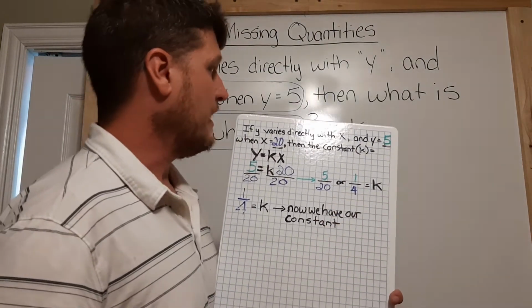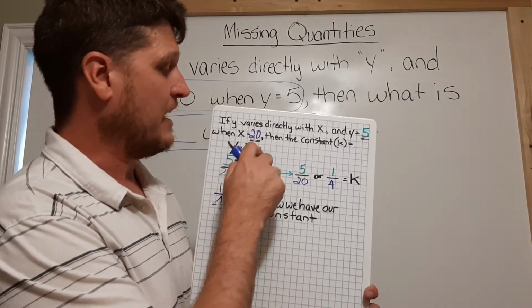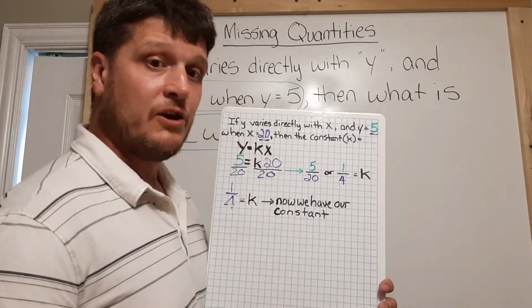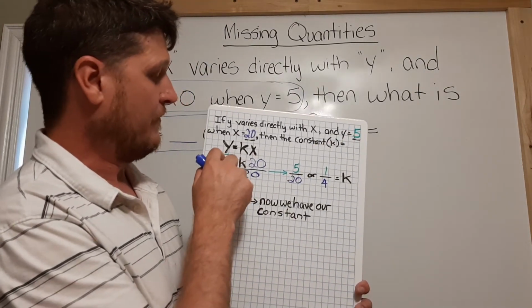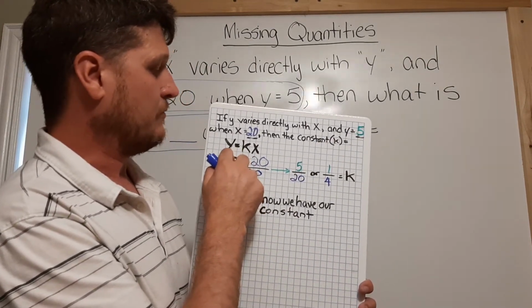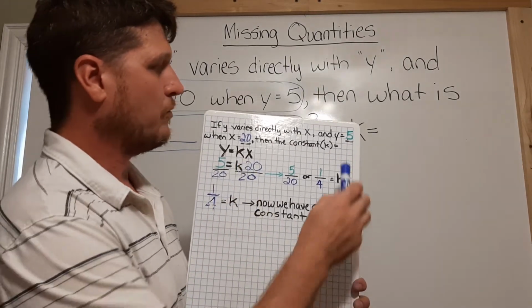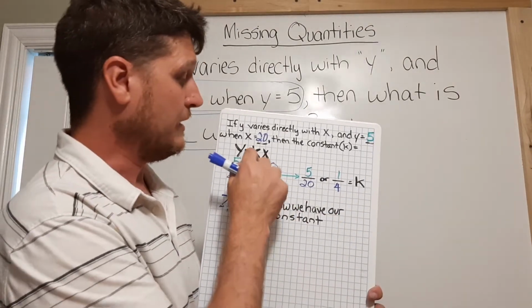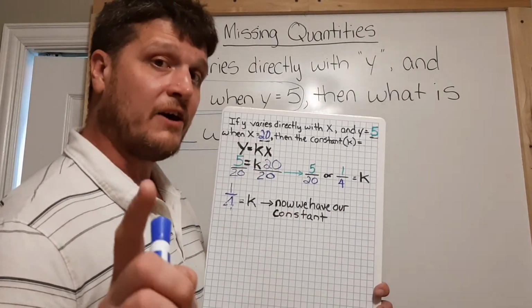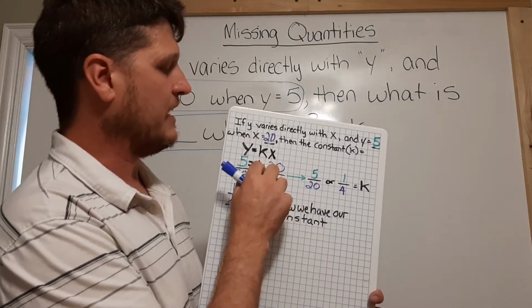Okay? And now we have our nice tidy little equation, y equals kx. We're going to plug in the y right here as a 5, and then we're going to draw our equal sign. For our value of k, there's a question mark, we don't really know, so we're going to leave it as k. But for the value of x, we're going to say x is 20, so we're going to plug in k times 20.